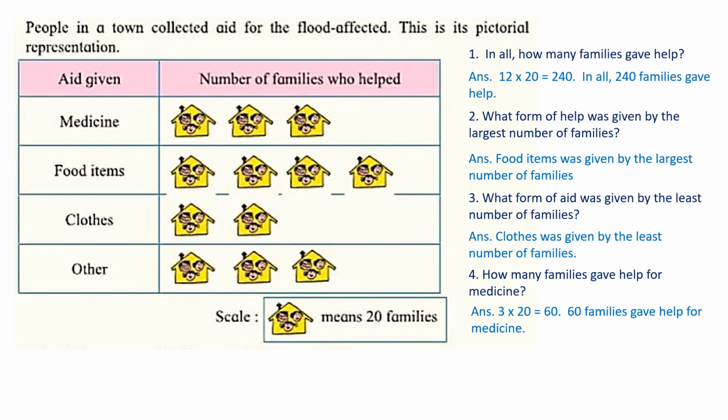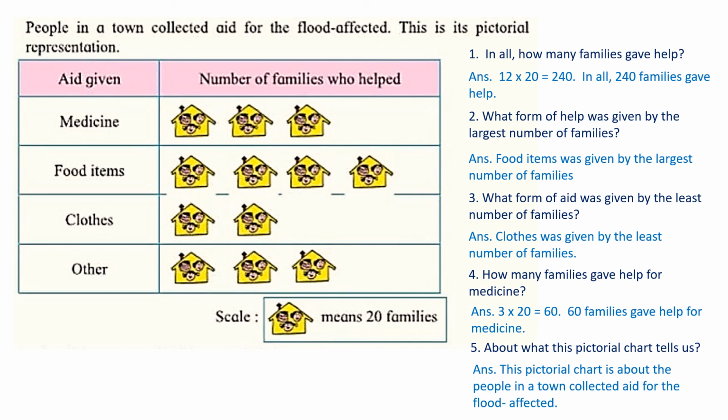So we will write the answer 60 families gave help for medicine. Fifth question. About what this pictorial chart tells us? So our answer is this pictorial chart is about the people in a town collected aid for the flood affected.